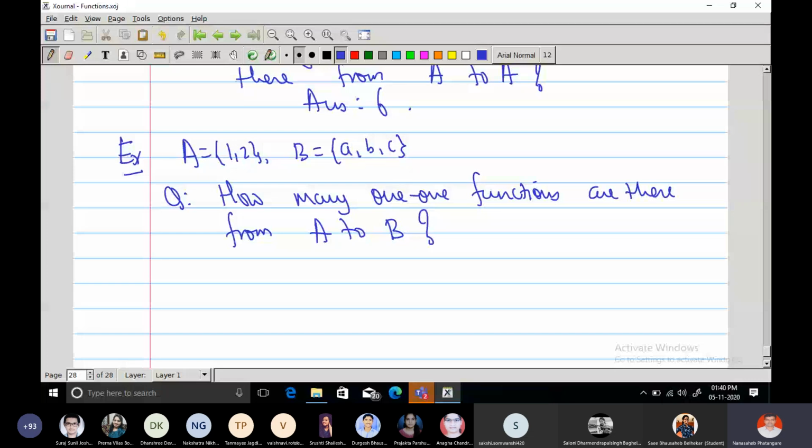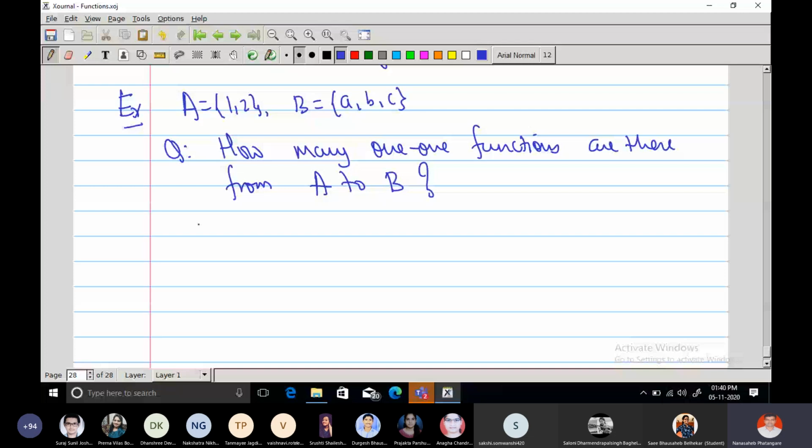Do you understand how many there are? If you use your previous knowledge, simple logic, then what are we doing? You have 2 elements here and 3 elements there.